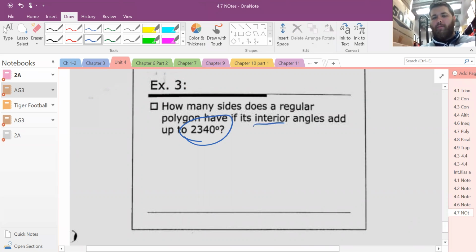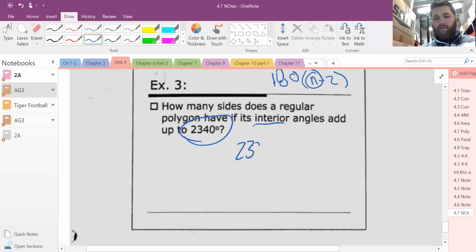Once it's interior, my brain should automatically go to the 180 times n minus 2 formula. Okay, and we're looking for n. If we already have the total, we can just work backwards and solve for n.